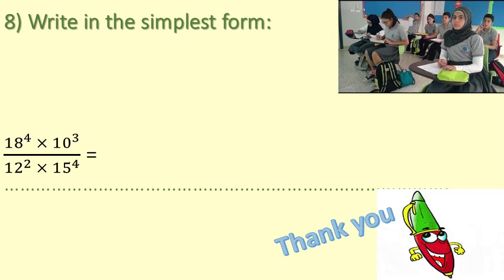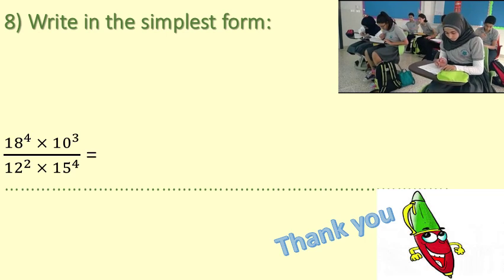We should write in the simplest form 18 to the power 4 times 10 cubed over 12 squared times 15 to the power 4.